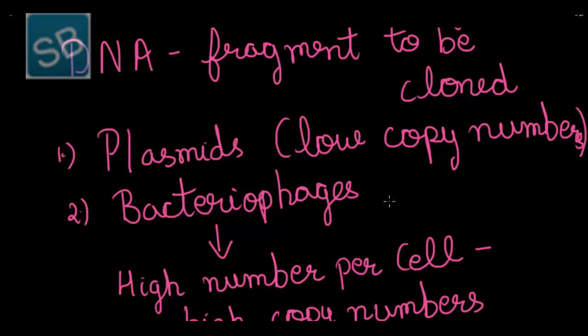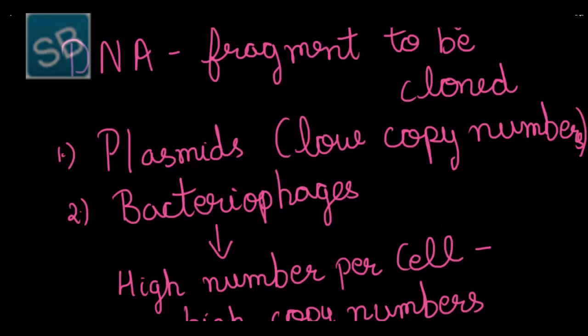On the contrary, if a high copy number is desired, then bacteriophages can be used as vectors. If we link the desired piece of DNA with the bacteriophage or plasmid DNA, we can multiply its number equal to the copy number of the bacteriophage or plasmid.